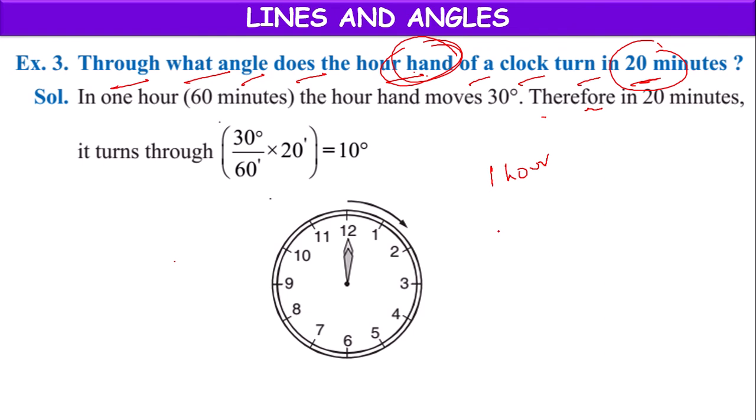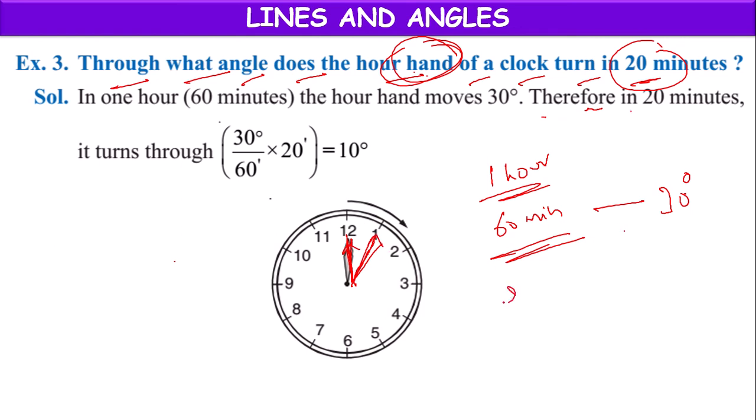The hour hand in 60 minutes, in 1 hour, will move from 12 to 1, which is equal to 30 degrees.